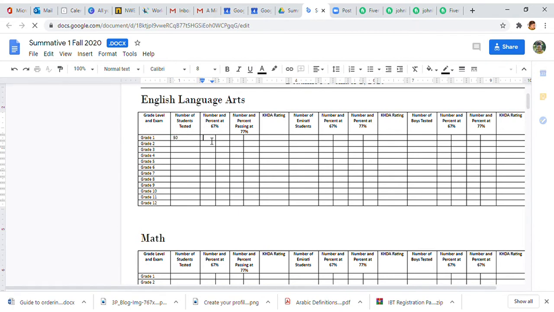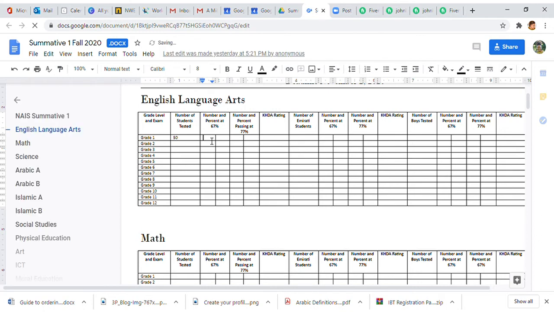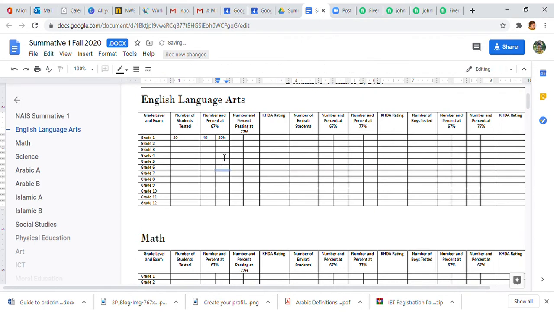And then I need to know the number of students that tested over 67%, which means that they were at curriculum level. So if I had 40 students that were above 67%, I would put 40 there because my fraction is 40 out of 50. And then I'm going to go ahead and put that percent down, which I believe is 80%. Please don't hold me to that calculation.